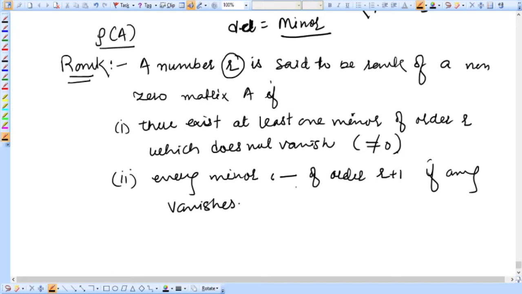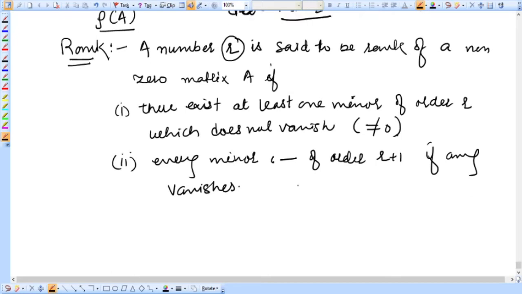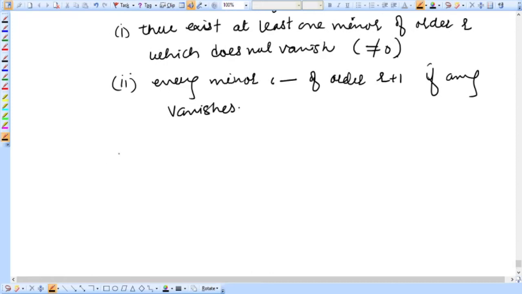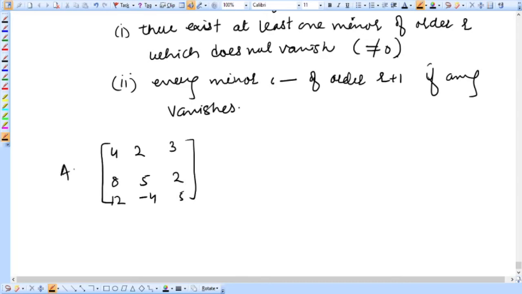Okay, so see here, let us take this matrix: 4 2 3, 8 5 2, 12 minus 4 5. This is a matrix. We want to find out what is the rank of it. Firstly, we are going to find a minor which is not equal to 0. Turn by turn there would be many minors in this case.